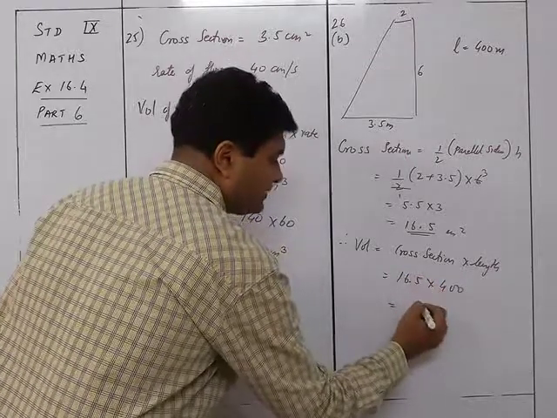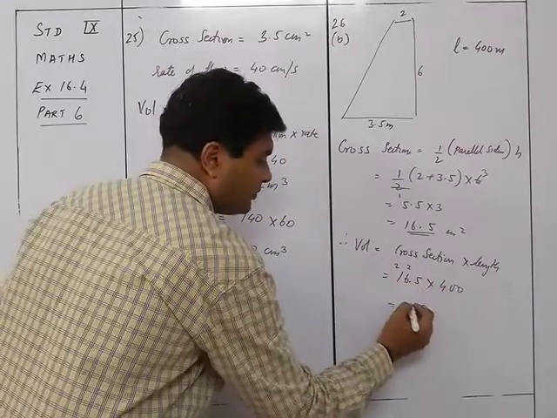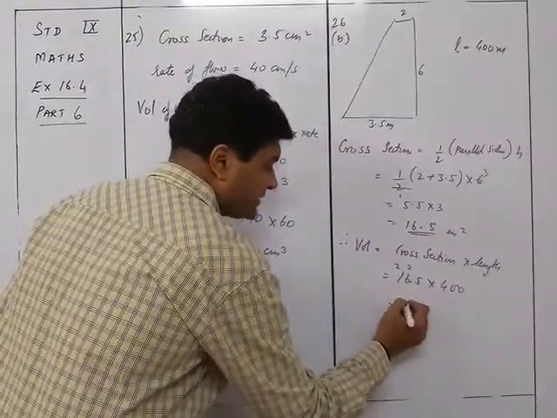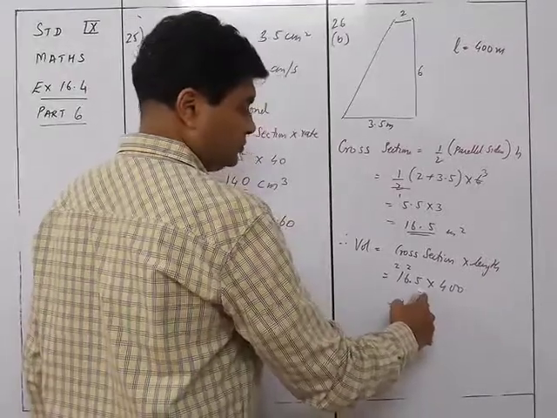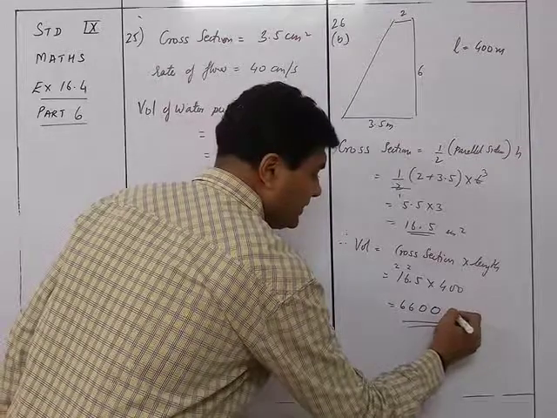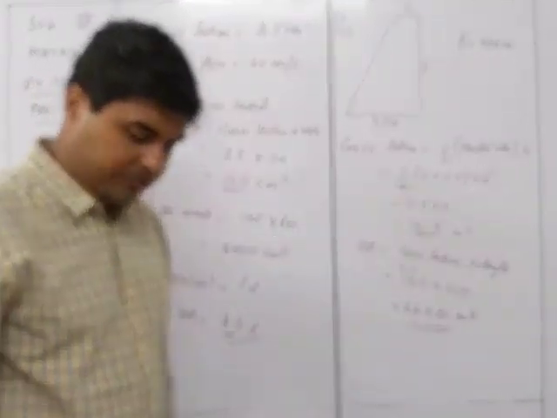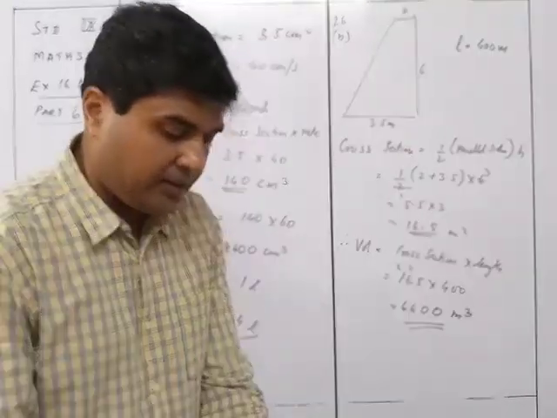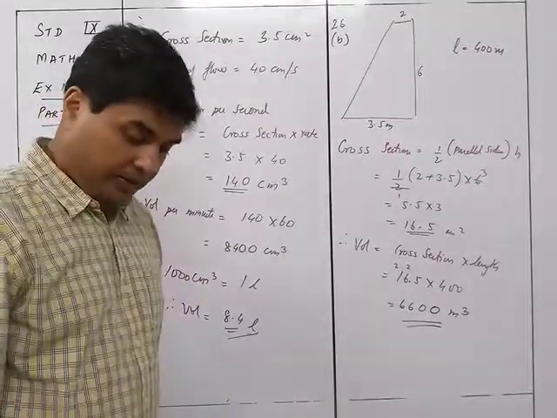So 4 5s are 20, 4 6s are 24, 24, 25, 26, 456, so 6,600 meter cube of concrete will be required to build the wall. So cross section area was 16.5 meter square, and the volume of this will be 6,600 meter cube. That was sum number 26.